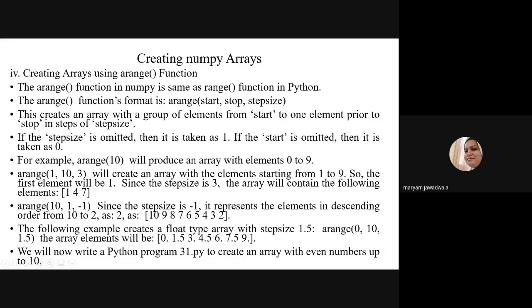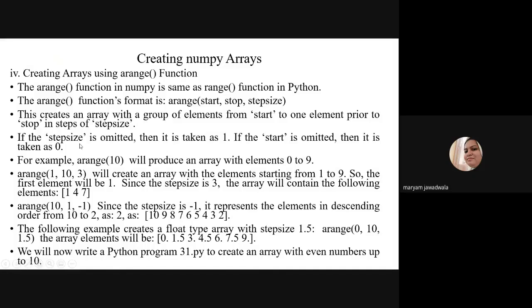And suppose I'm writing arange(1, 10, 3). Here all three parameters are there. 1 means my array will start with 1 and stop at 9, and the step size is 3.